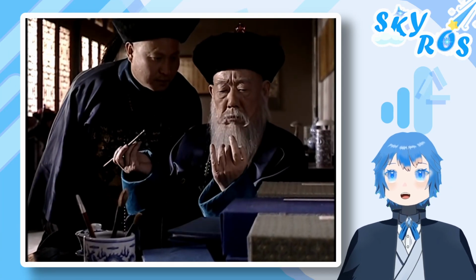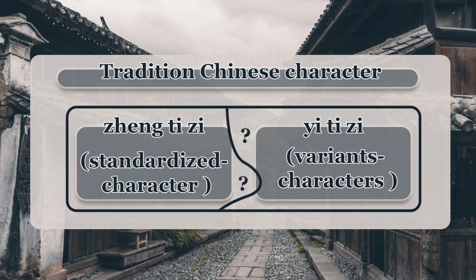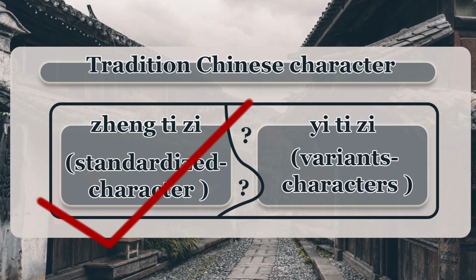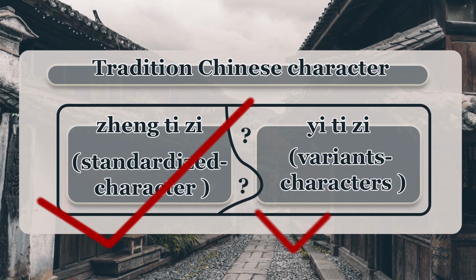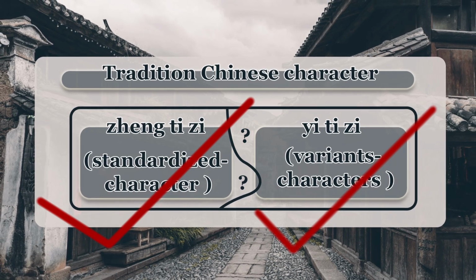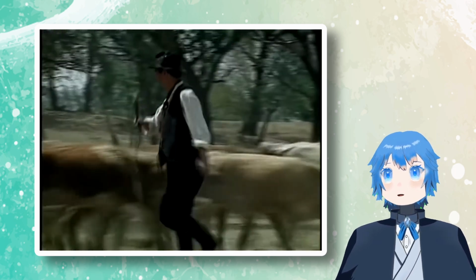In this way, in traditional China, the Chinese characters were written in two systems. On the one hand, there were the standardized characters named 正体字. On the other hand, there were the variant characters used by the common folk in their daily lives, that is 异体字. In the Chinese classic study, there was no such clear-cut distinction between standardized and variants.